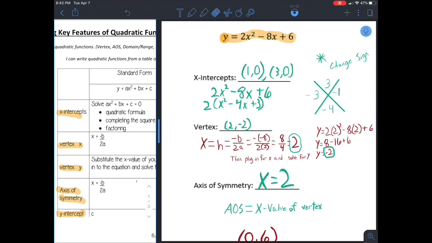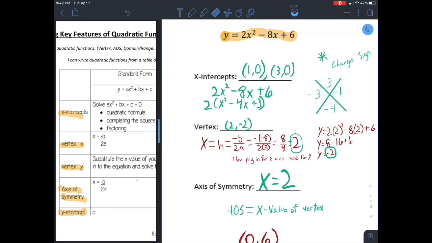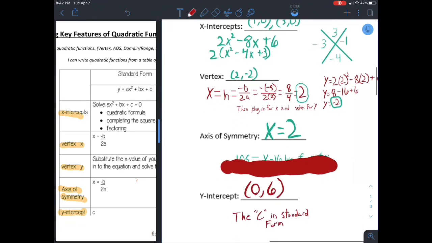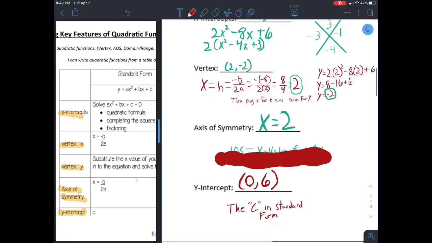And then we simplified, and then we plugged in x to solve for y to get a vertex of 2, comma, negative 2. For the axis of symmetry, we knew that our axis of symmetry was equal to the x value of our vertex. And lastly, we knew that our y-intercept was the c in standard form.